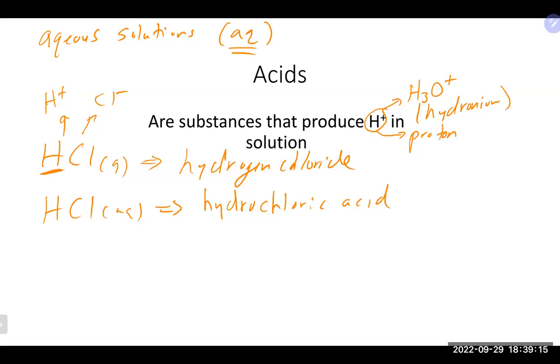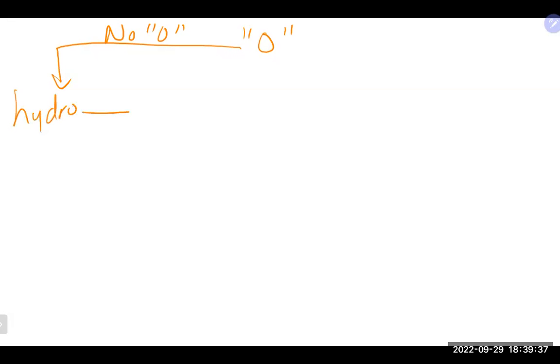So when we name acids, it all revolves around oxygen. If the answer is there is no oxygen, the way we go about naming our acid is it will start with hydro, something, ic acid. For all acids, they're thought of as ionic compounds.